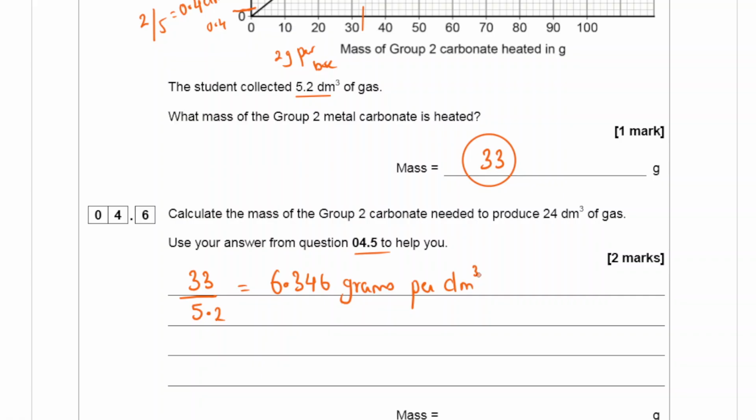So I would need 6.346 grams to produce 1 dm cube.